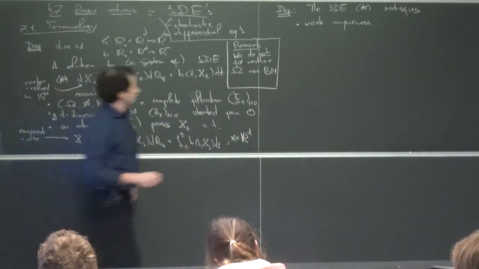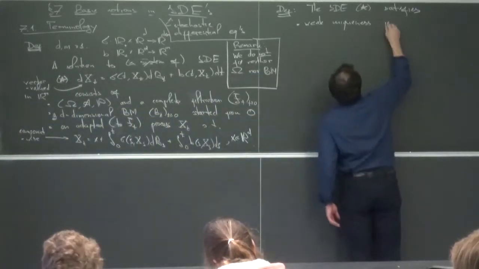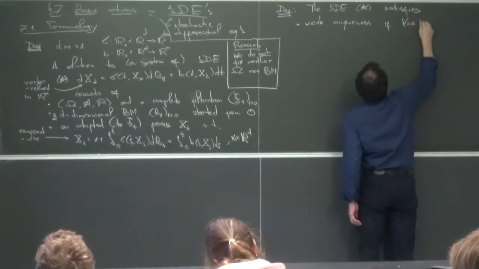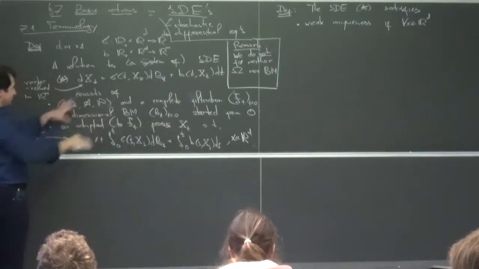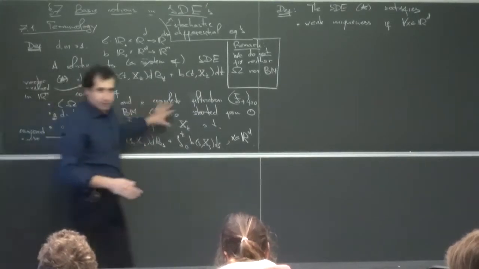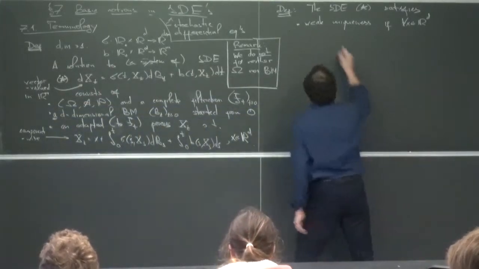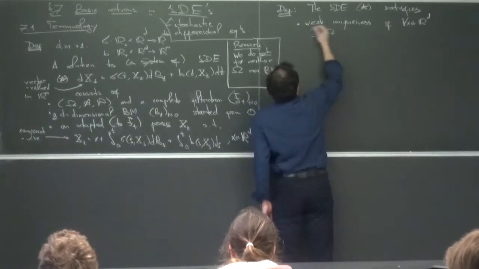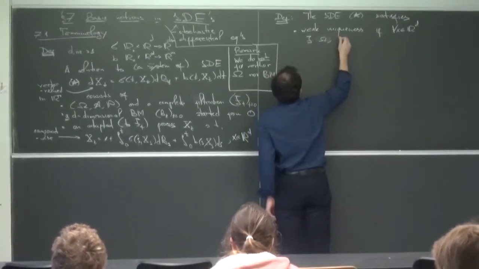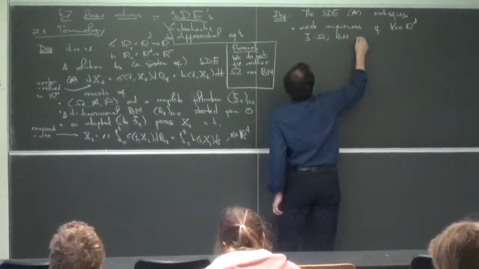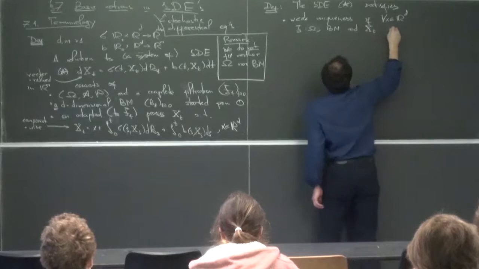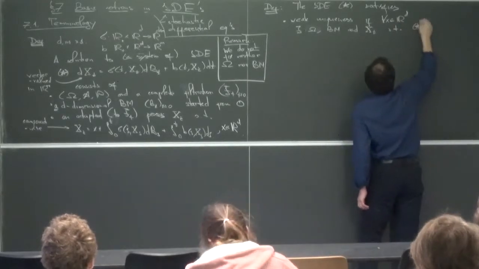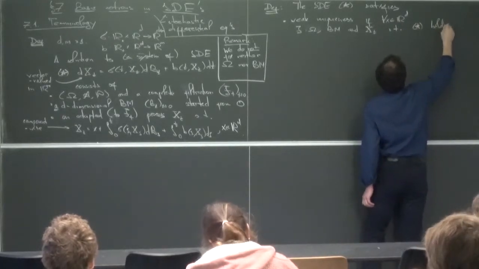Weak existence if for any x there exists such a bunch of objects: omega, filtration, Brownian motion, X_t such that this holds.